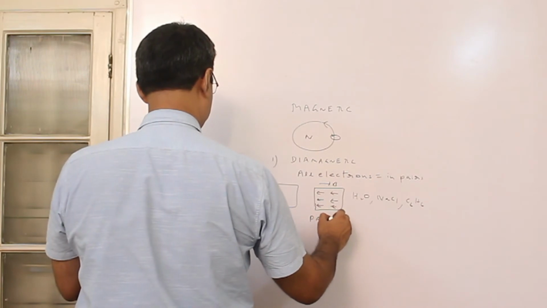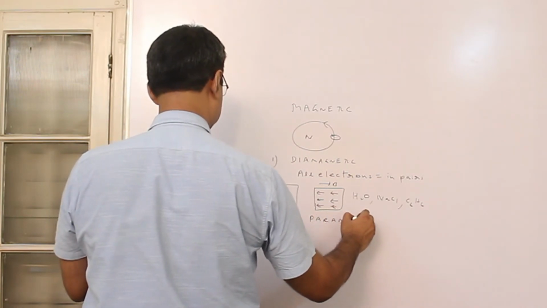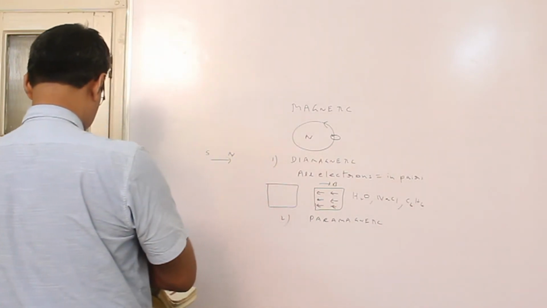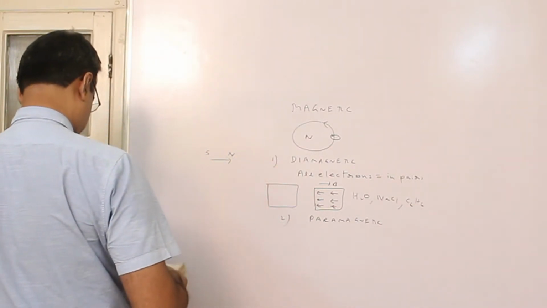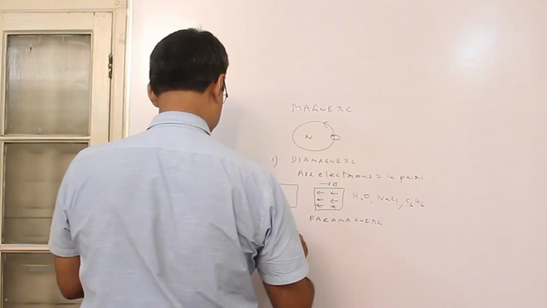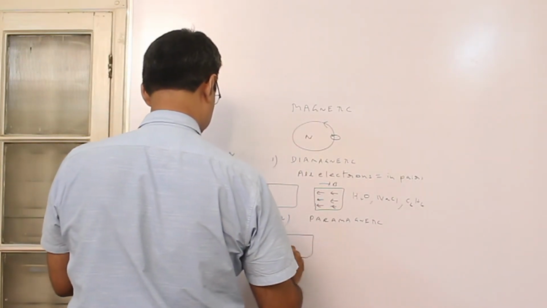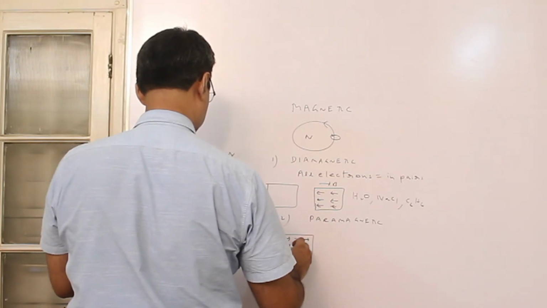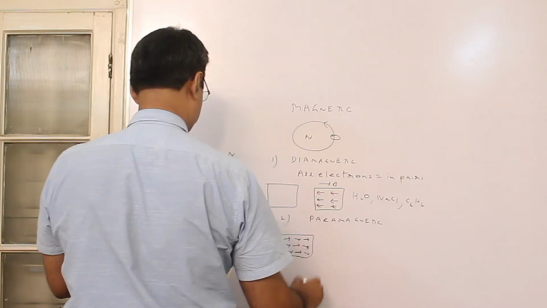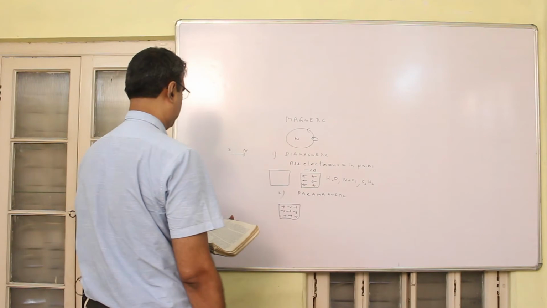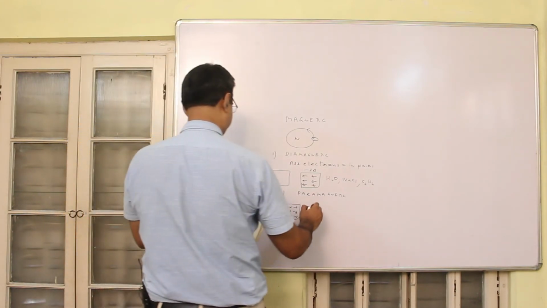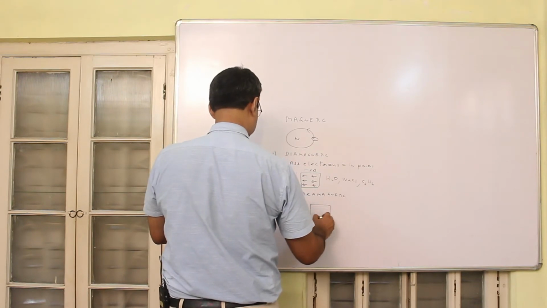Next we come to paramagnetic substances. Each atomic dipole can be represented by an arrow like this.